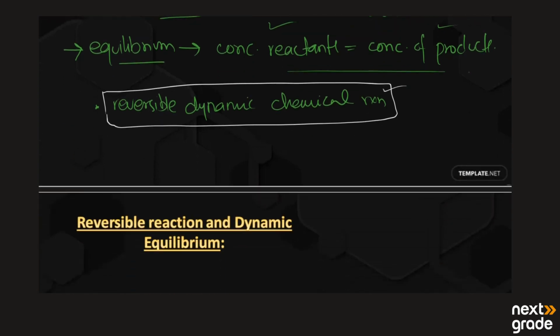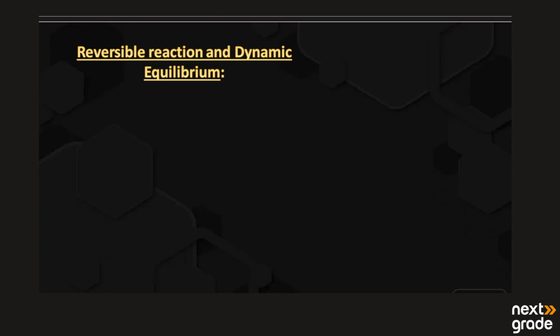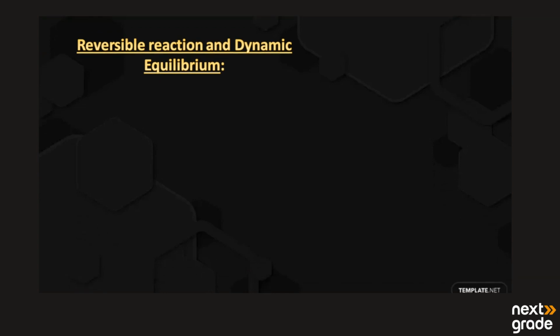Next we have reversible reaction and the dynamic equilibrium. Let's suppose one example. We have H2, which reacts with iodine I2, the forward reaction, and then we have the reverse reaction, giving 2HI, hydrogen iodide. Let's add their physical states.